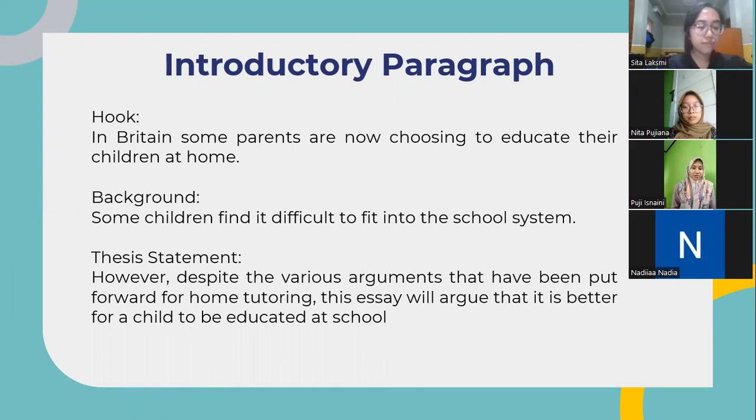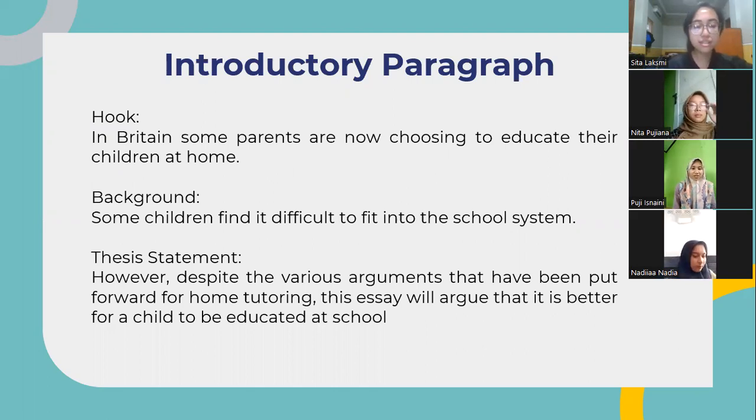The second one is background. Judging from the choice of words used by the author in this text, it is closely related to the hook and to the topic. Then this background is very appropriate to the thesis statement. And the last one, the most important, is the thesis statement. In the thesis statement, three components are fulfilled: clear, specific, and debatable.